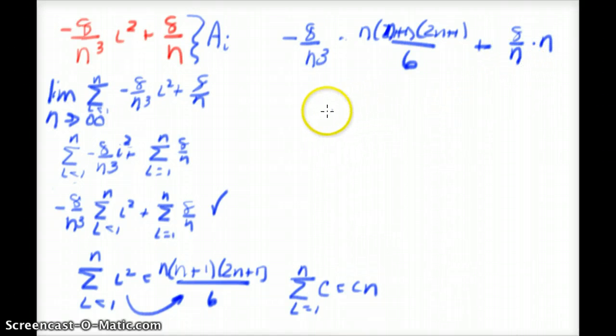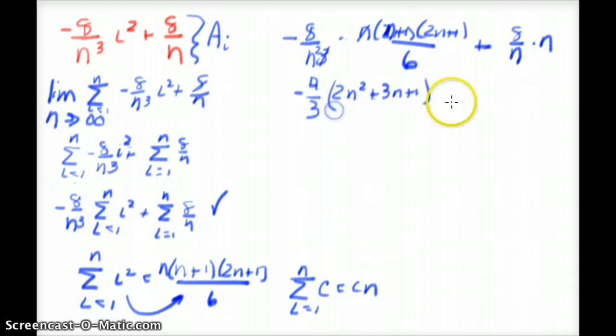All right, now let's do a little algebra here. One of these n's will drop out, so I have n squared. 8 over 6 is 4 over 3. So I'm going to say negative 4 over 3, and then I'm going to multiply this expression out, which is 2n squared plus 3n plus 1, okay? And of course, this is 8 over here.